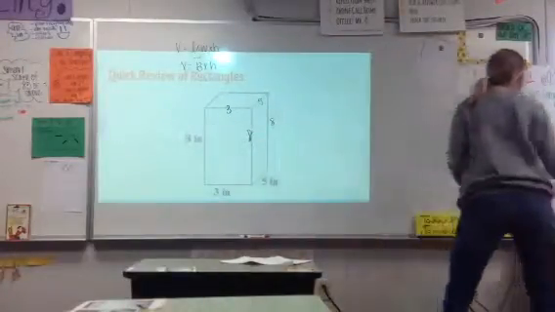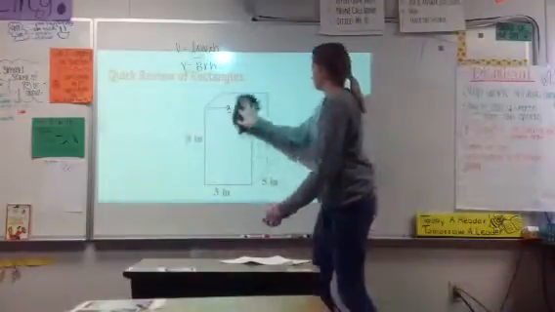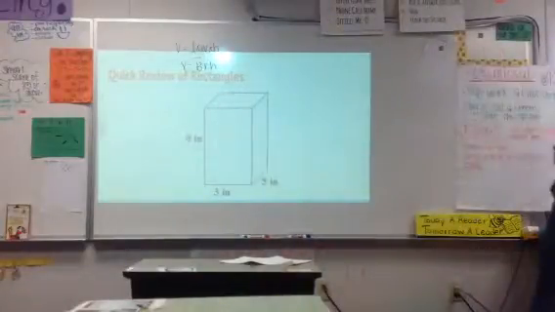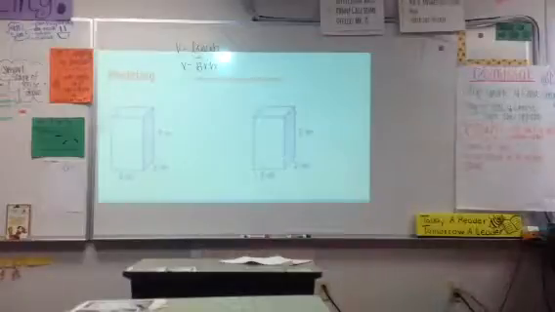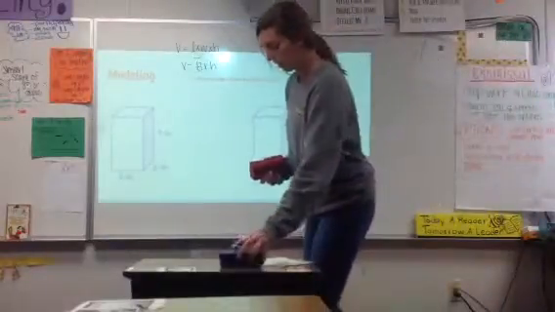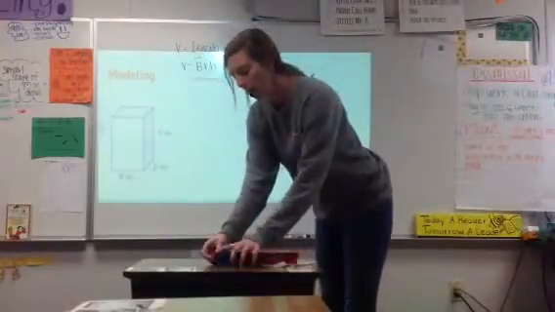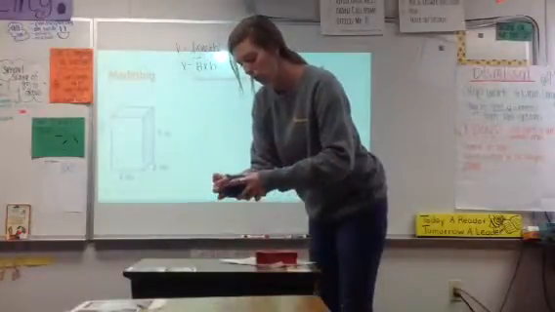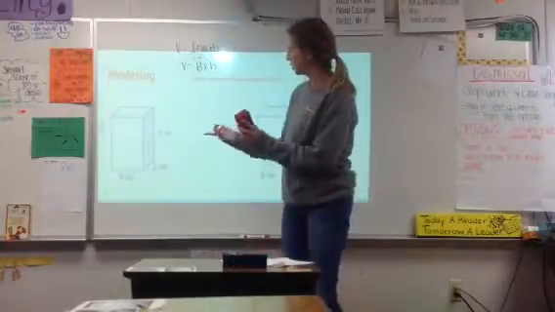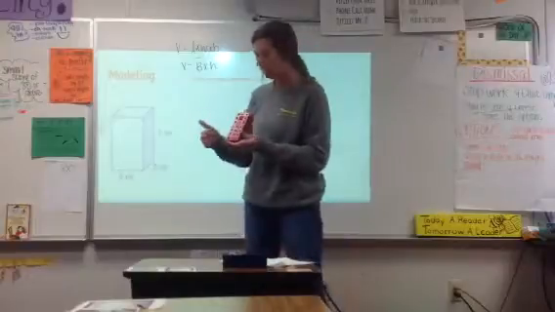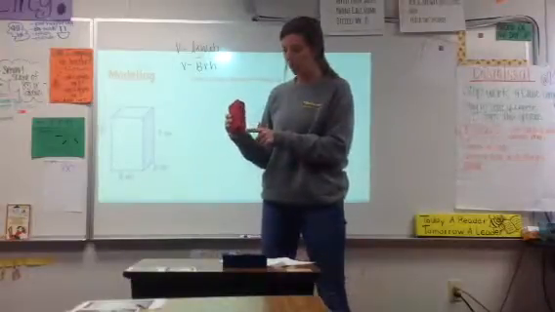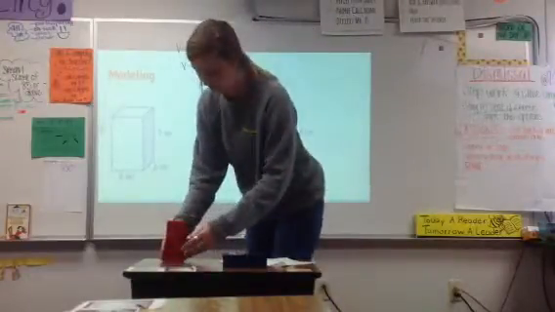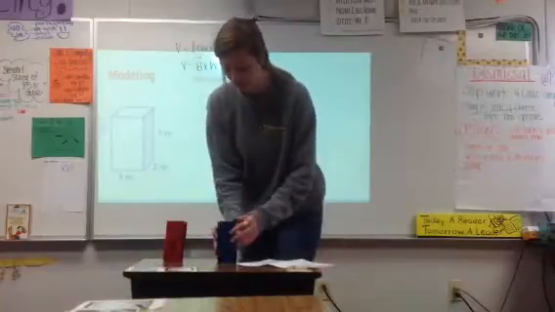Okay, so today when we're looking at this, we're going to have to remember that. Okay, so if I'm looking at this, I built these prior to doing this, so you could see them. So this first one here is 3 meters in length, 2 meters in width, and 7 meters tall. And this one is the exact same one.